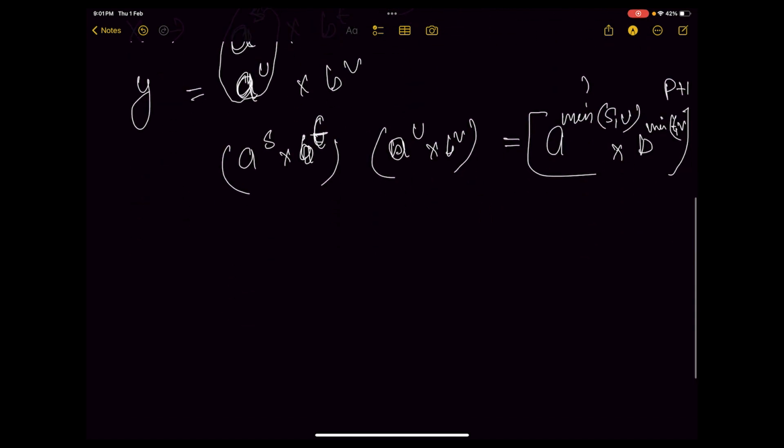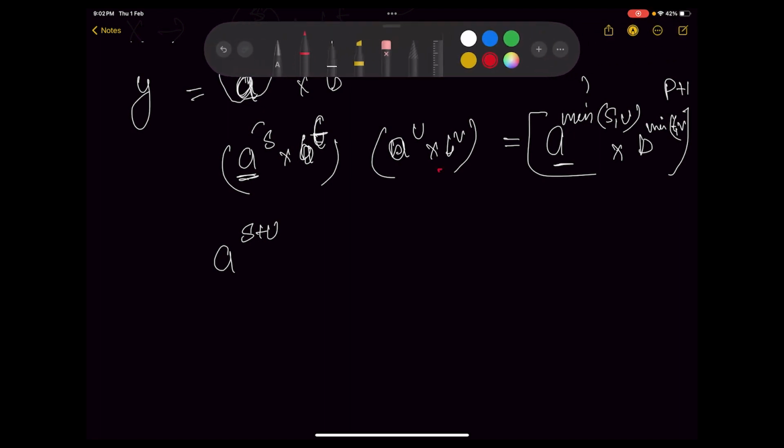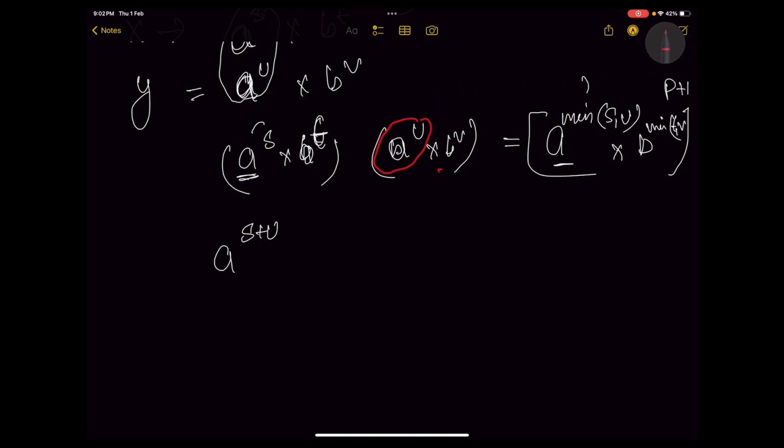For sure. Now if I consider only the value for a, what would it be? a to the power of s plus u equals a to the power of minimum of s comma u, to the power of p plus 1.